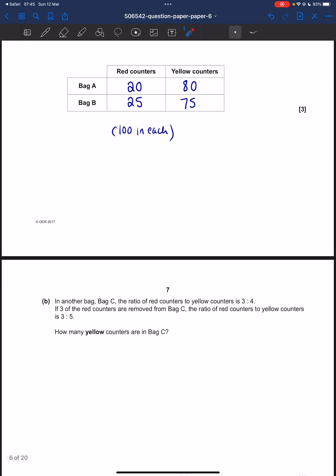Right. In another bag, bag C, the ratio of reds to yellows is 3 to 4. If 3 of the red counters are removed from bag C, the ratio of red to yellow changes to 3 to 5. How many yellows are in bag C?